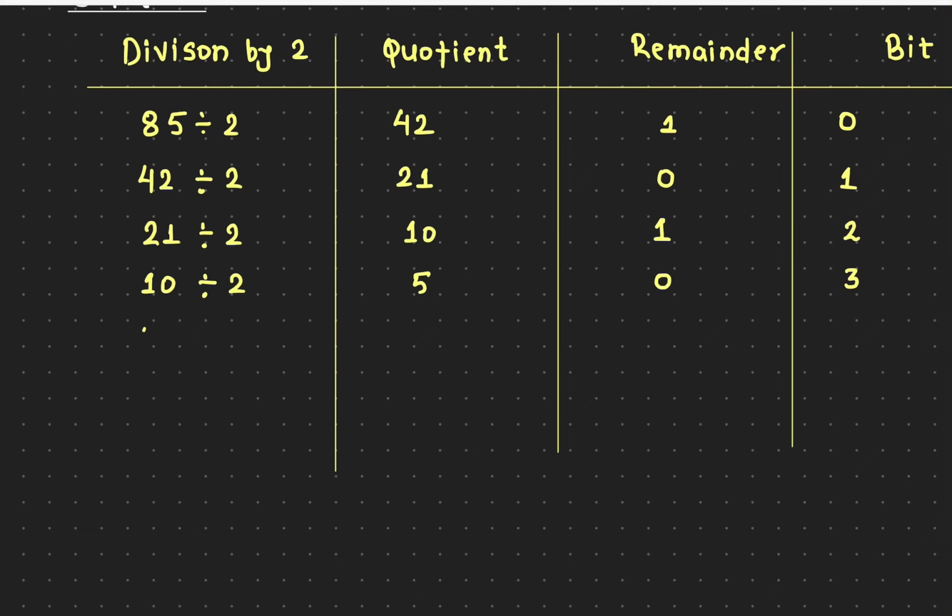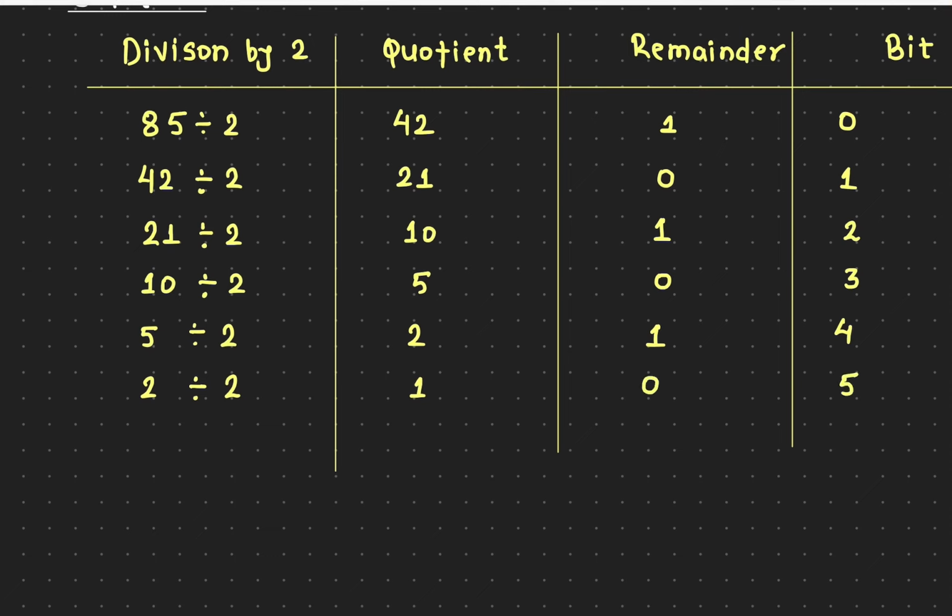So now we have to divide 5 by 2, and we'll get 2 and the remainder as 1, and we call this bit 4. Now we divide 2 by 2. We get 1 and there's no remainder, and this we call bit 5.